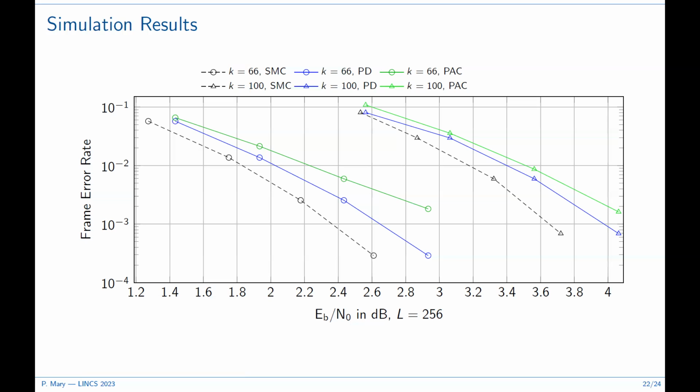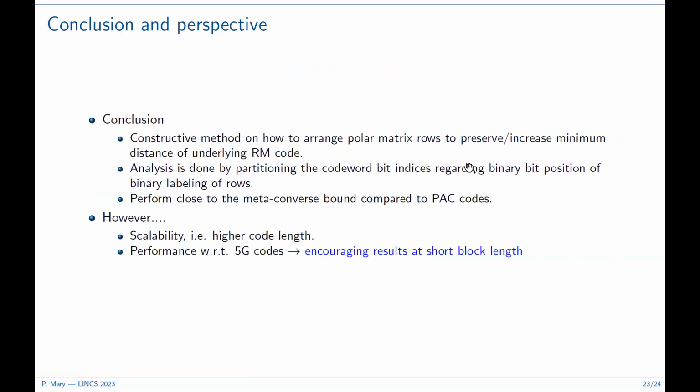So we see that for these particular code rates, the proposed design is better than the proposed pack code design, for a convolutional encoder equal to 7 and optimized for this code parameters, and we are not so far away from the converse bound of the saddle point approximation.